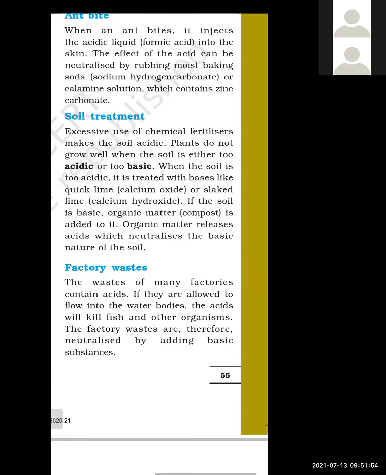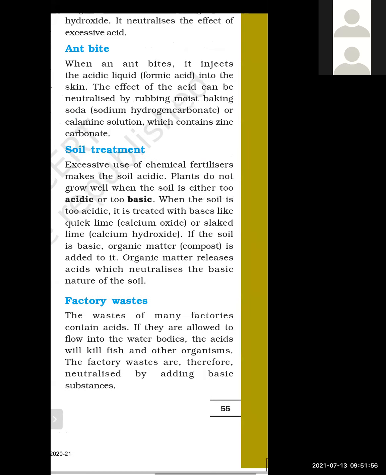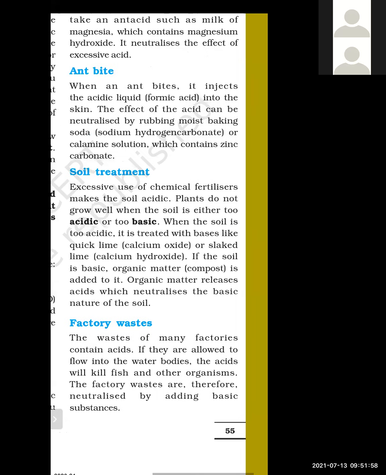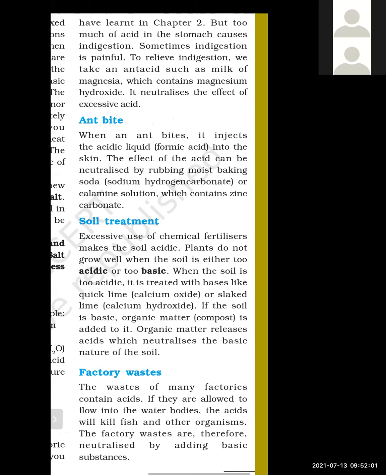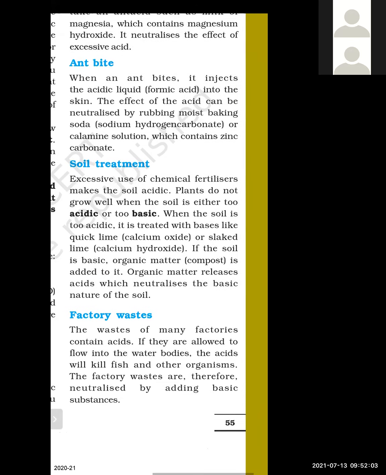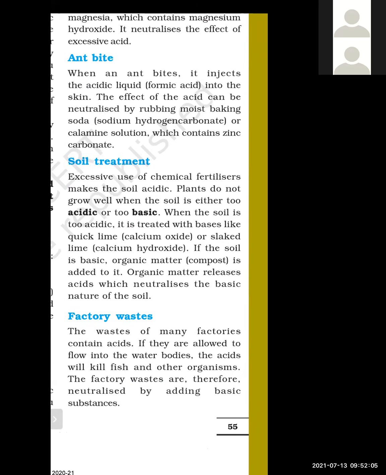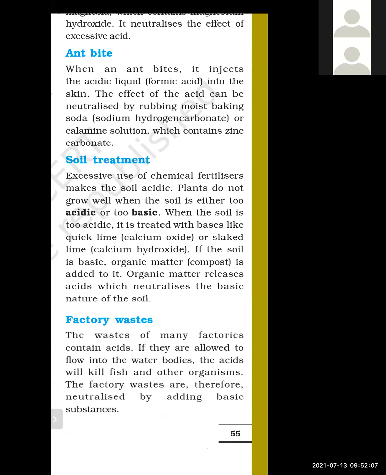Soil treatment, next application of neutralization is in soil treatment. Most of us belong to farmers' families, and we know that our soil, after using excessive fertilizer, may get acidic or may become basic in nature.